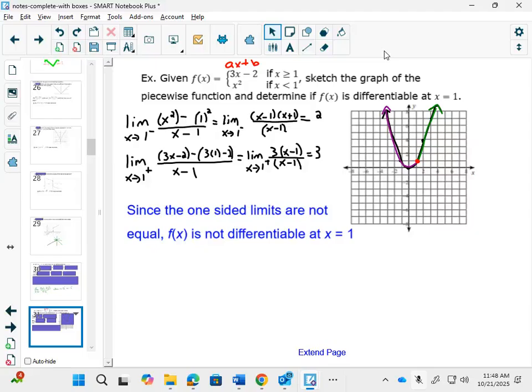Well, I'm not going to solve that completely right now. I'm just going to give you the idea. First of all, it would have to be continuous. So does it make sense that when you plug in 1, it would have to equal 1?